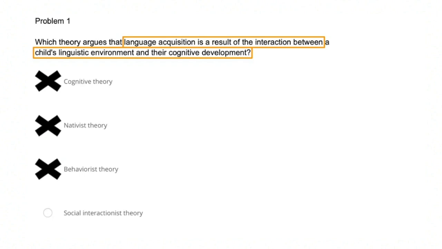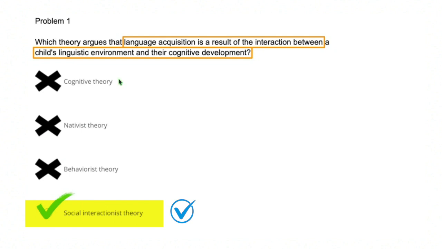It emphasizes the role of social interaction in language acquisition, as children are likely to mimic the sounds and words that they hear. So this theory addresses both the linguistic environment and their cognitive development playing a role in the acquiring of language. It is the best response.